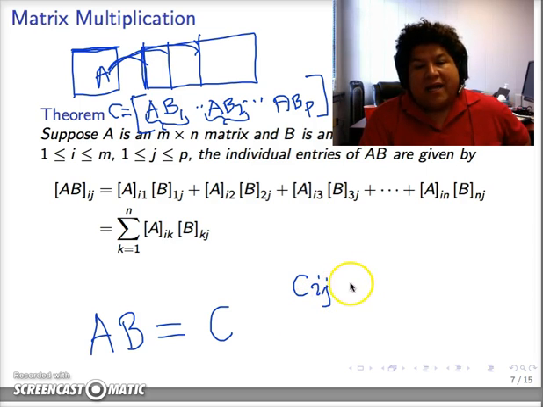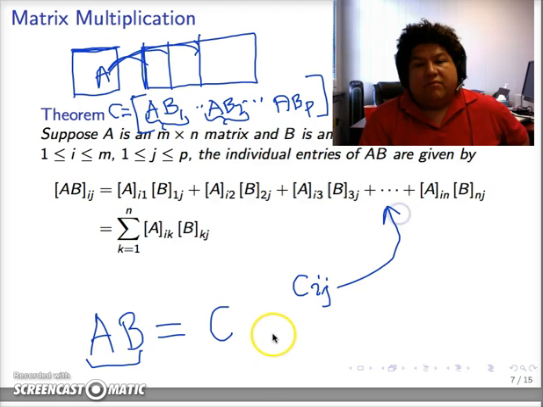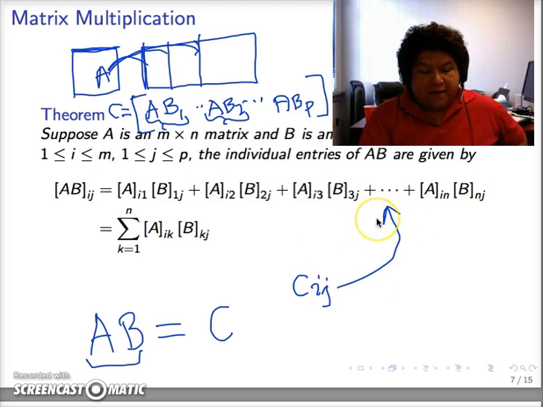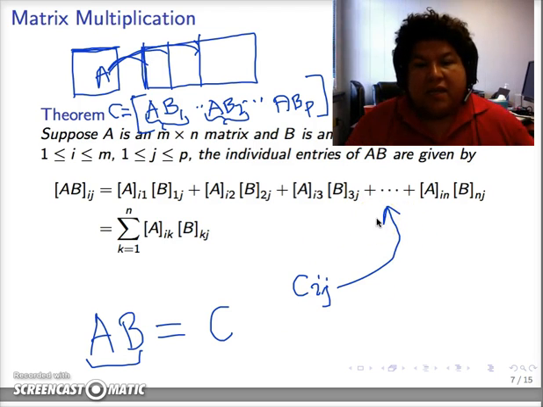Well, that IJ entry of the matrix product AB can be thought of in the following way.